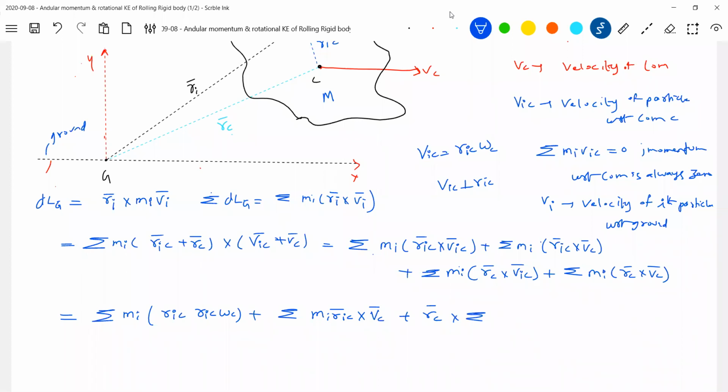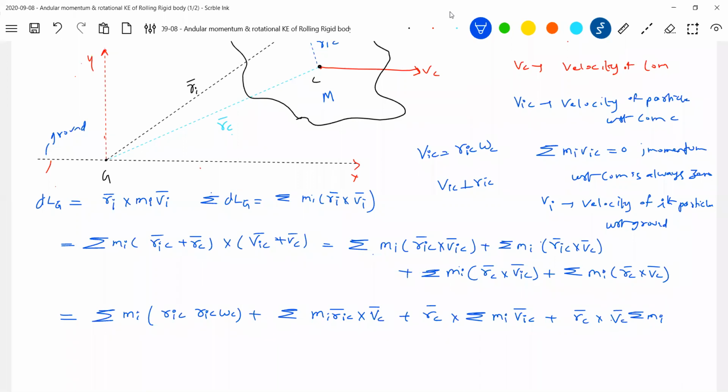Summation of this will be mi VC, plus the expansion of this will be RC cross VC bar. I'm writing this in the convenient form.